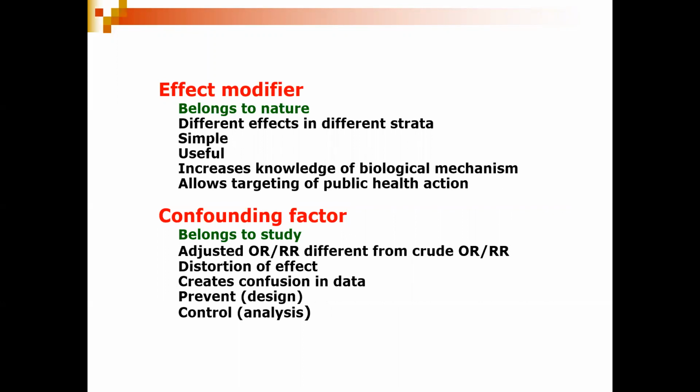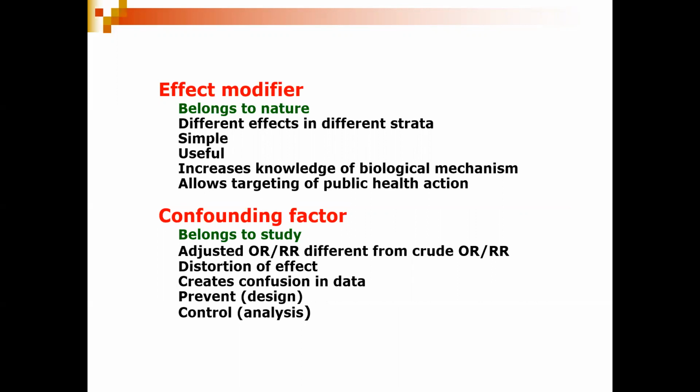So just to round up, in terms of effect modification and confounding, an effect modifier often belongs to nature. It has different effects in the different strata, and it is very simple.